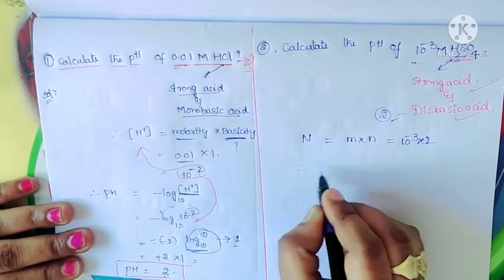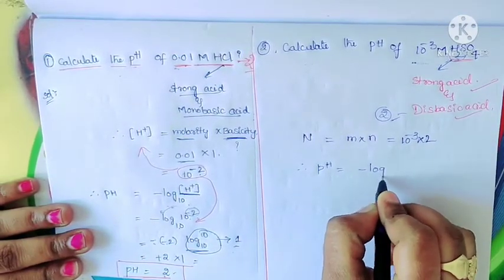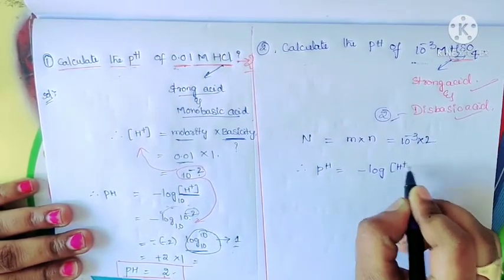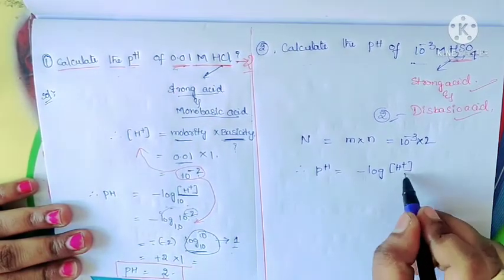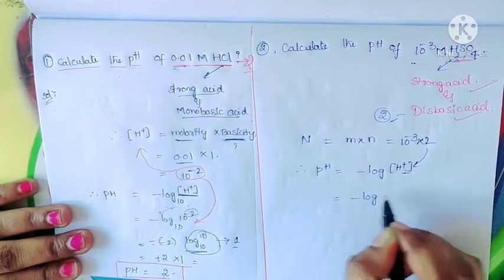So 2 into 10 power minus 3. pH equals minus log of the concentration of H plus, base 10. The concentration of H plus is 10 power minus 3 into 2.